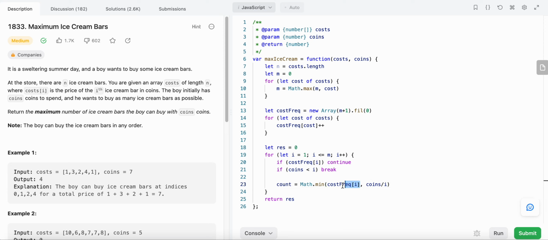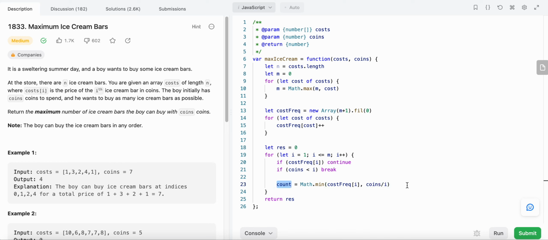So we divide our coins by the cost of the ice cream. This would give us the number of ice creams that we could buy, and this is the frequency of the ice creams. So if the number of coins is less, we would get the minimum value from this one, else we will get the value from this one.